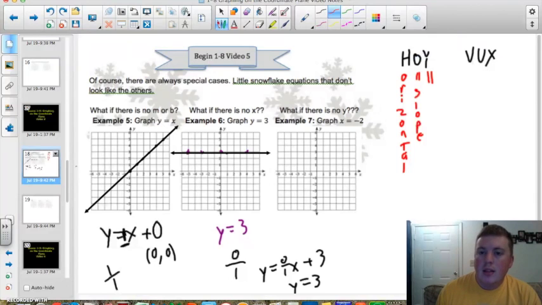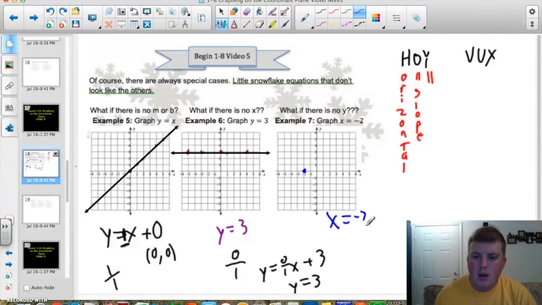Let's go ahead and look at our final example. What happens if there's no y? This is going to be very similar to example 6, but instead of looking for places where y is equal to that number, we're going to look for places where x is equal to that number. So the first most obvious place is going to be right here, -2. That means that every point here is going to have an x value of -2.